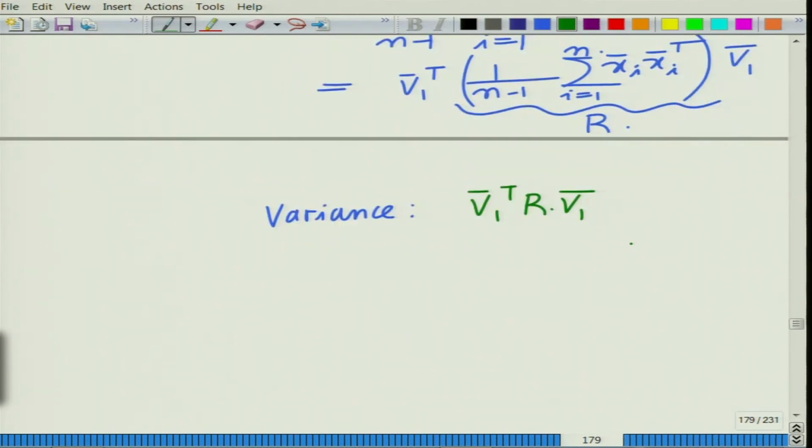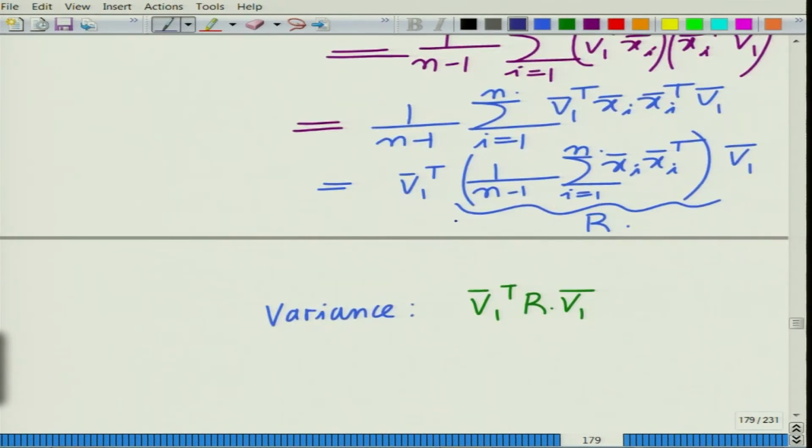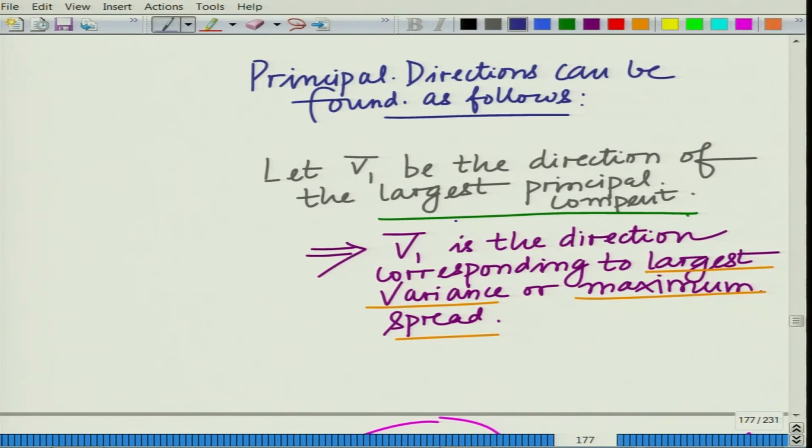Now let us also normalize the energy of the direction, right? Since we are considering a direction, we consider a unit norm vector. So let V1 bar denote the direction of the largest principal component, and we set norm V1 bar equal to 1.